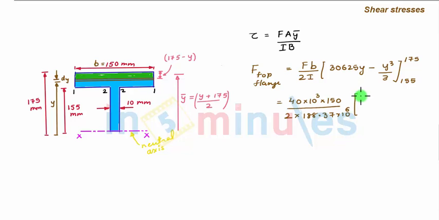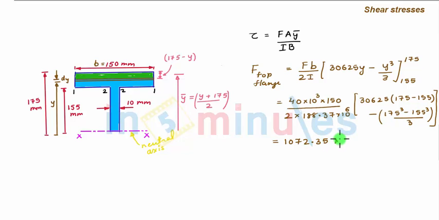This is multiplied by 30625 into (175 minus 155) minus (175 cube minus 155 cube) by 3. So upon solving, we get the value of F of top flange equal to 1072.35 Newton, which is 1.072 kilonewton.